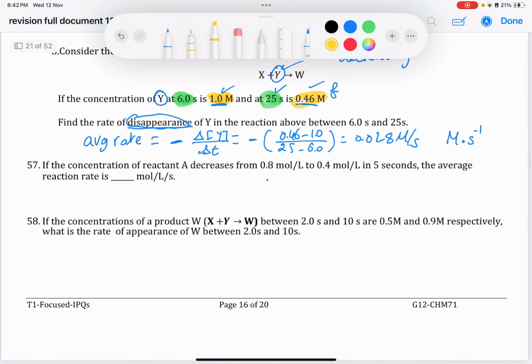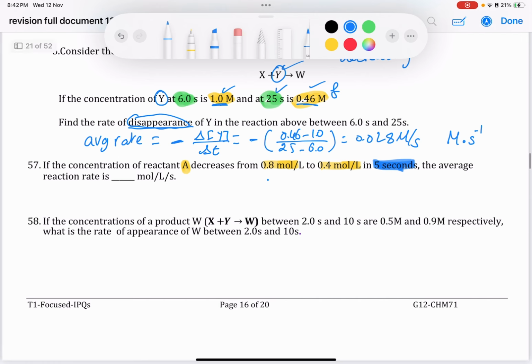If the concentration of a reactant A decreases from 0.8 mole per liter to 0.4 mole per liter in 5 seconds. Here, they didn't give me the time at the beginning and the time at the end. They simply gave me delta T. So they want to find the average rate.